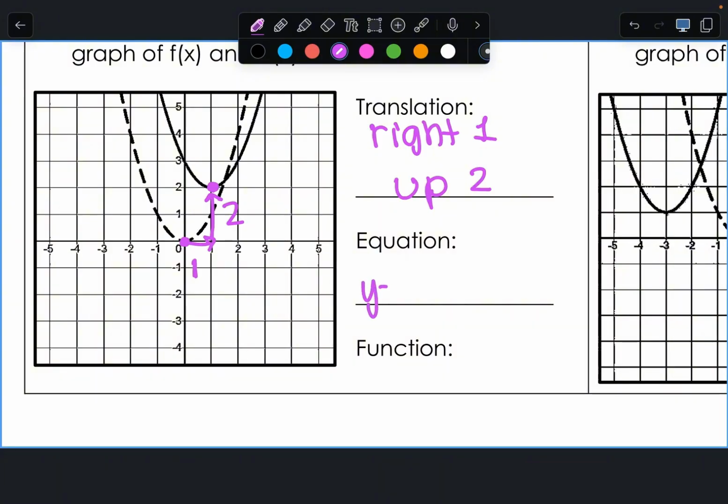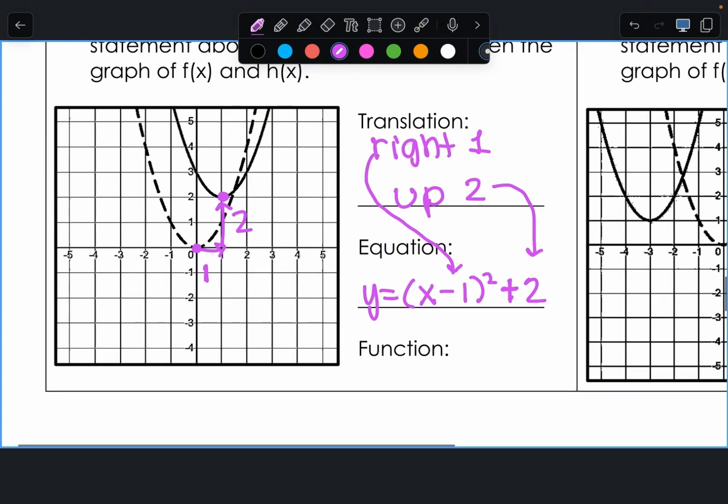Y equals parentheses x minus 1. The left and right goes here. And now if we go up 2, what do we put at the end? Add 2. Now what's the name of the new function? h of x. h of x is equal, get rid of the squared and put an f in front. x minus 1 plus 2.